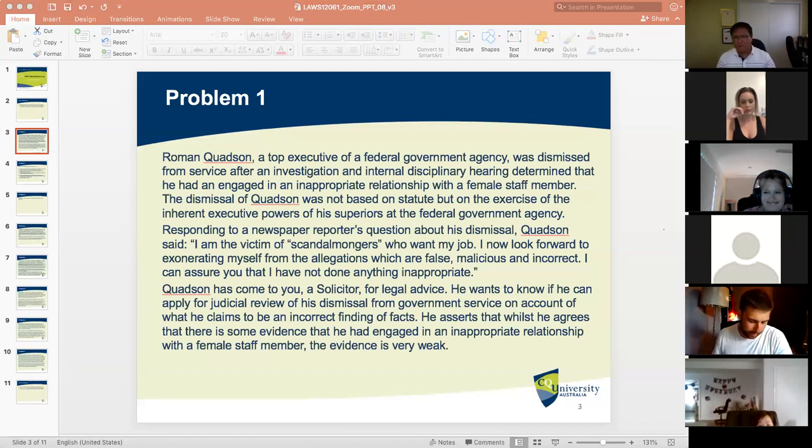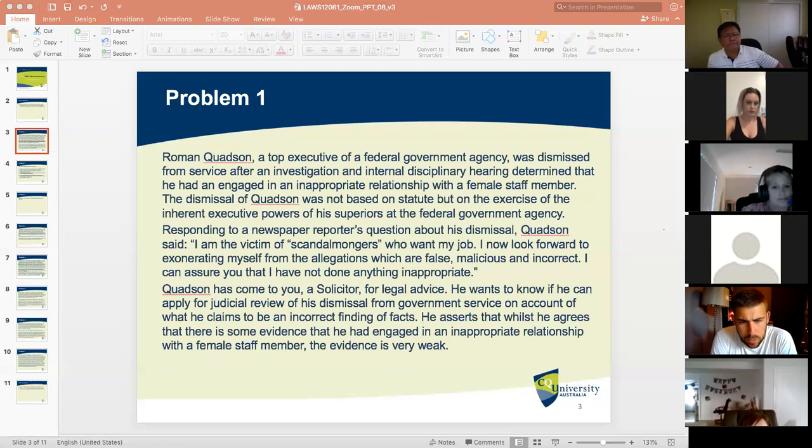Thank you, Jackson. Roman Quadson, a top executive of a federal government agency, was dismissed from service after an investigation and internal disciplinary hearing determined that he had engaged in an inappropriate relationship with a female staff member. The dismissal of Quadson was not based on statute, but on the exercise of the inherent executive powers of his superiors at the federal government agency.